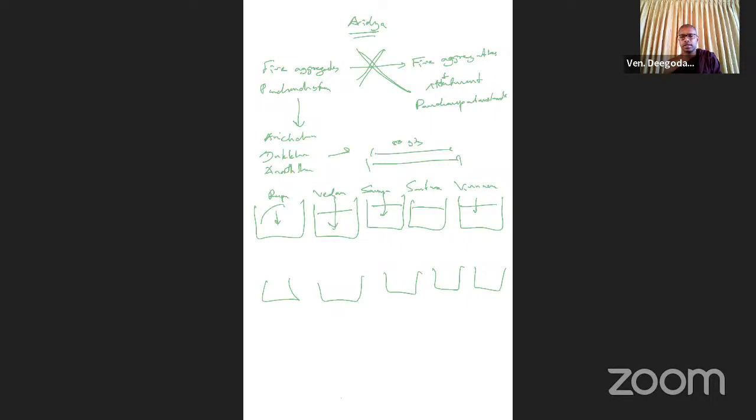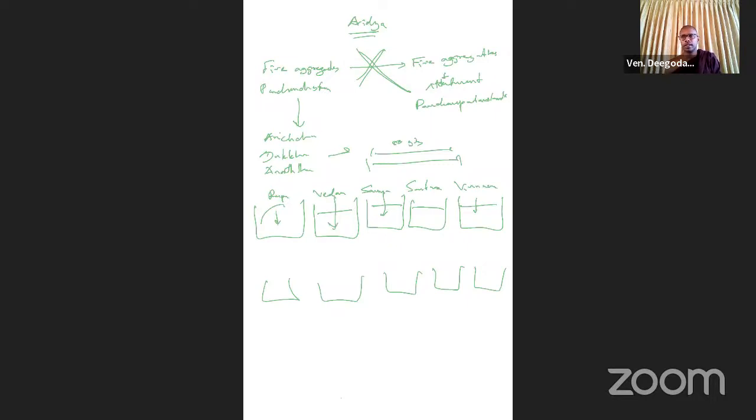So if you read the Tripitaka, the Pali Canon, you would find this five aggregate method a lot. It is being used most of the time when explaining Dhamma.